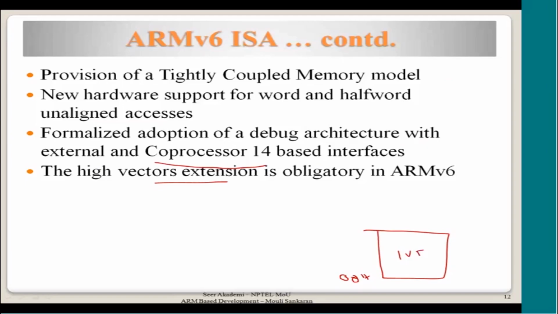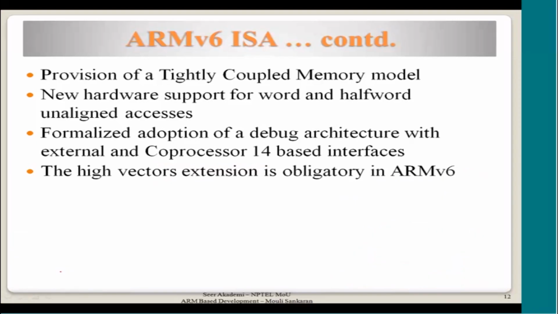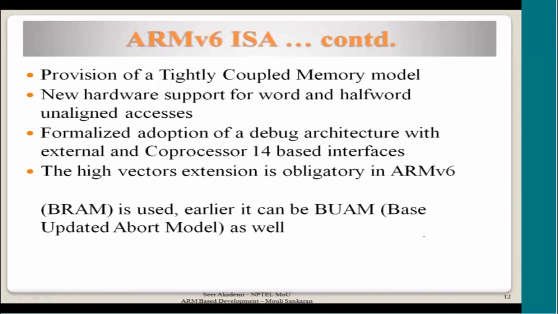In some cases this memory cannot be given for the vector table, and some systems will have an issue because of this restriction, right? It can't be anywhere else. So this location is reserved for that purpose. So the high vector extension has been given, and it has become mandatory from V6. So another higher address is also given for that purpose.